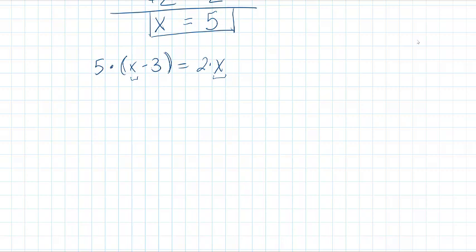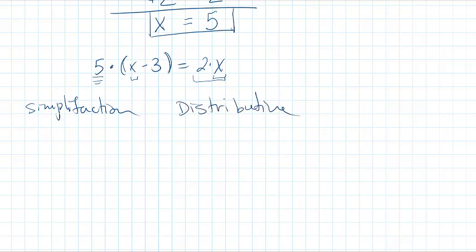So in this case, doing the first step of division by 5 may not make sense because we still have the 2x here. So let's start by simplifying. Our first step will be simplification by using the distributive property. Again, the distributive property has to do with opening parentheses that are being multiplied by a coefficient.